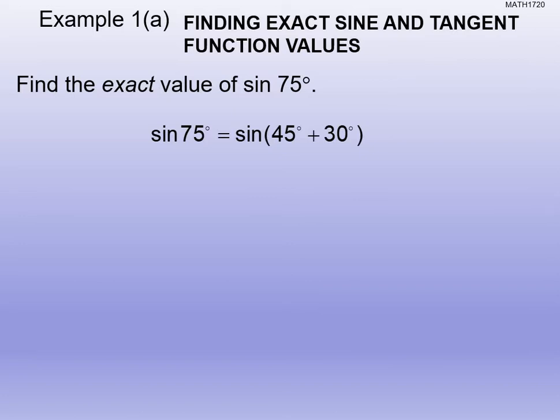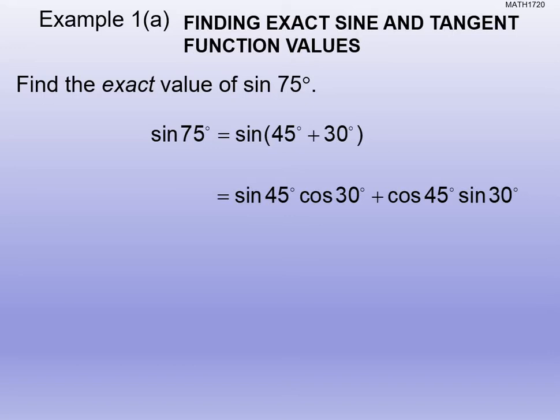But first, we're going to take the 75, rewrite it as sine of 45 plus 30, and then that's our sine sum identity. So we're going to rewrite that as sine of 45 times cosine of 30. Remember, it's sine of A, cosine of B, plus cosine of A, sine of B. So we're going to end up writing the second part as plus cosine of 45, sine of 30.